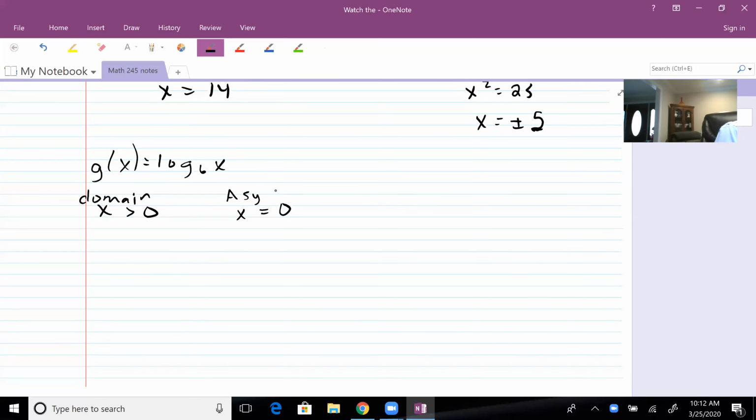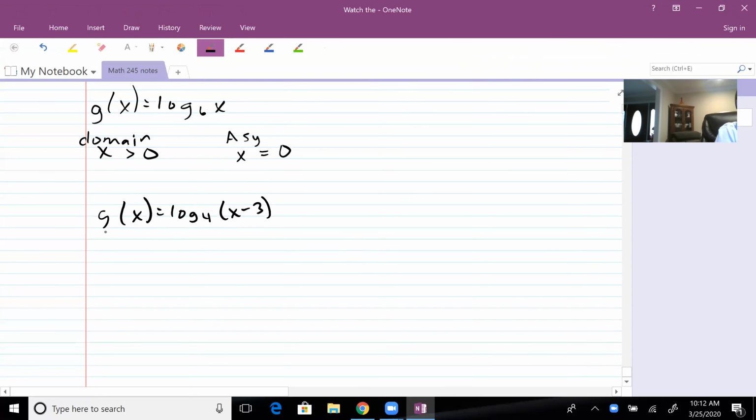Let's go with log base 4 of x minus 3. So the domain, whatever we're taking the log of, I set greater than 0.